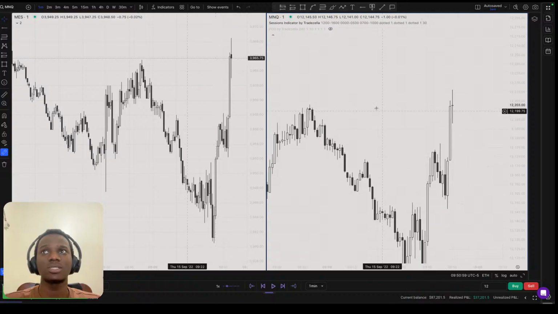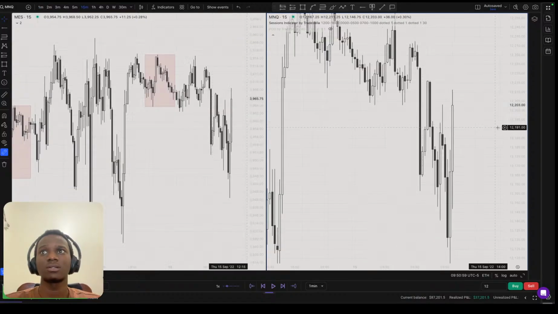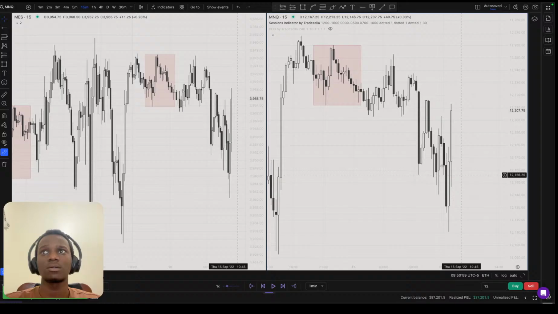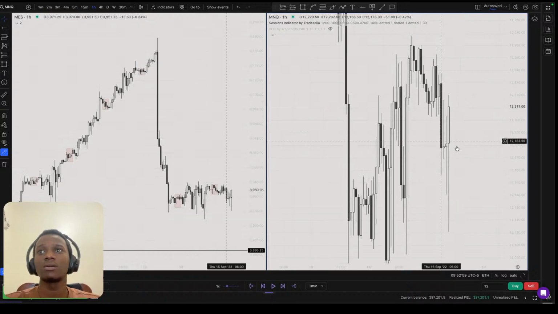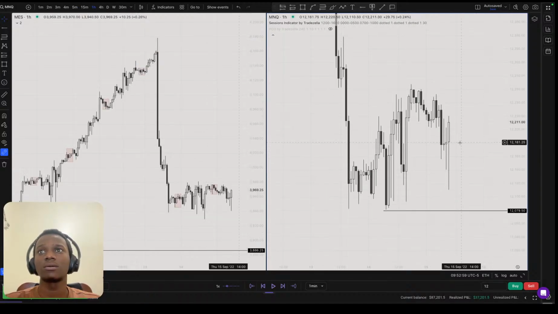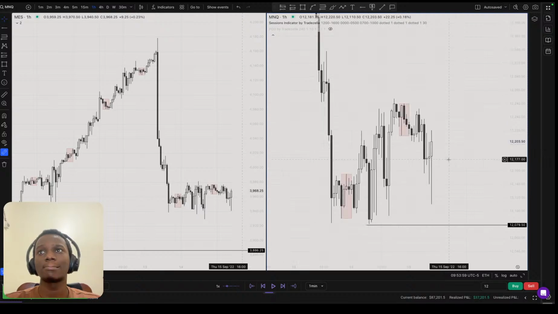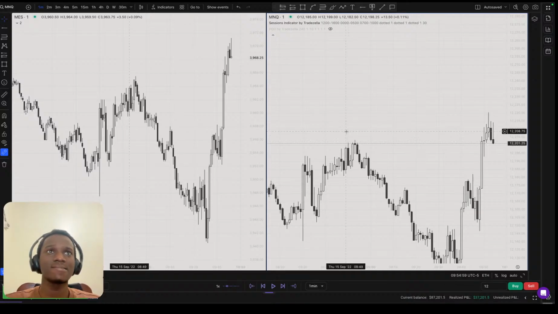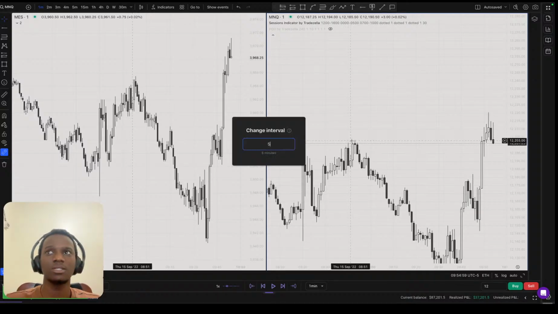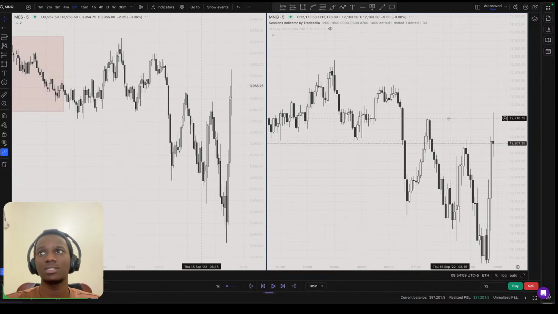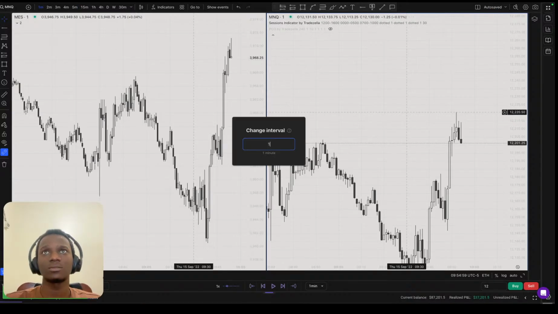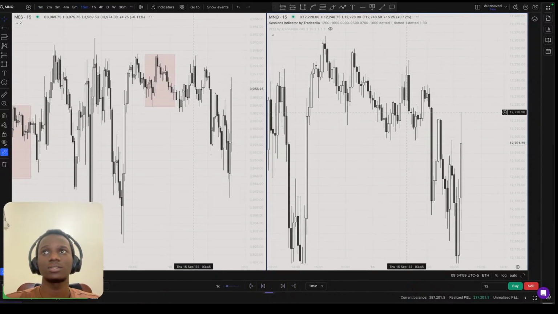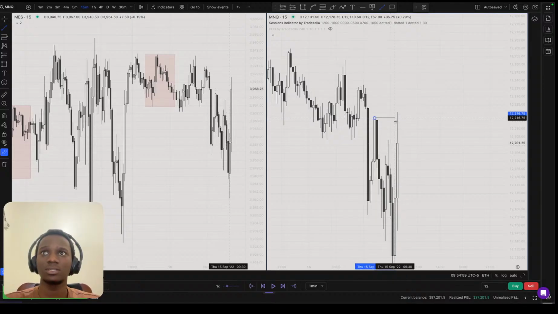So when is it going to reverse? This high has now been run, and this one. So let's see. Maybe this is where it will start reversing.